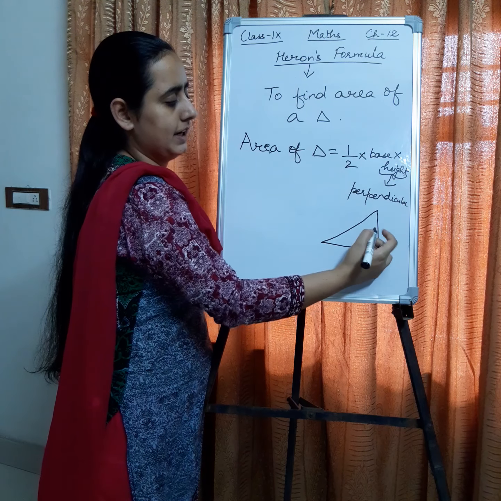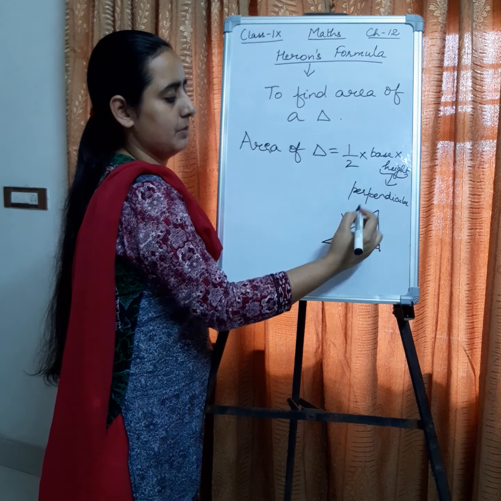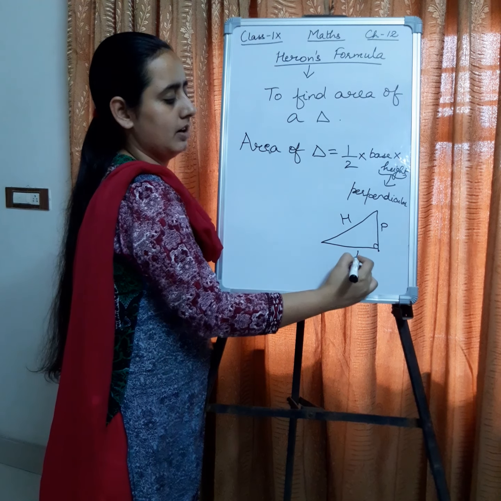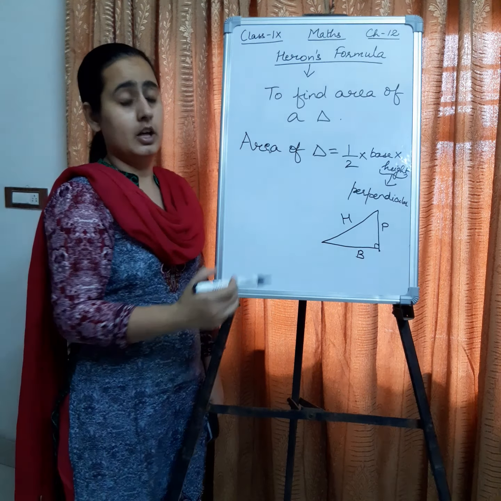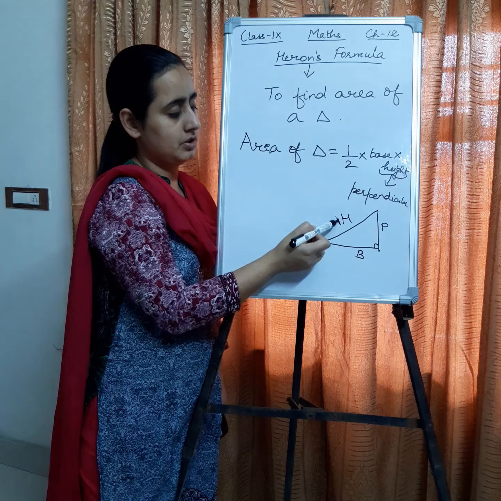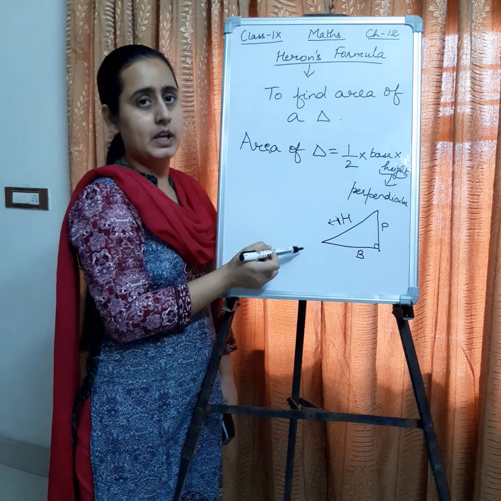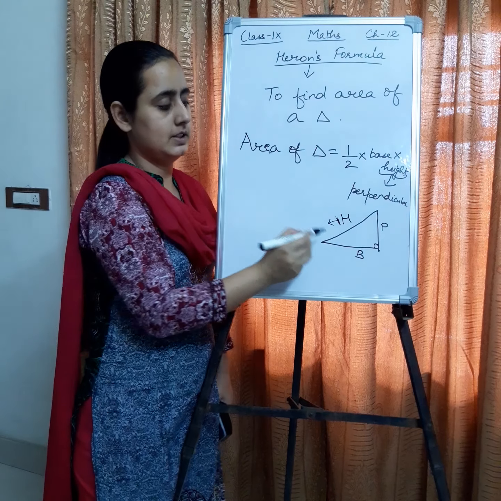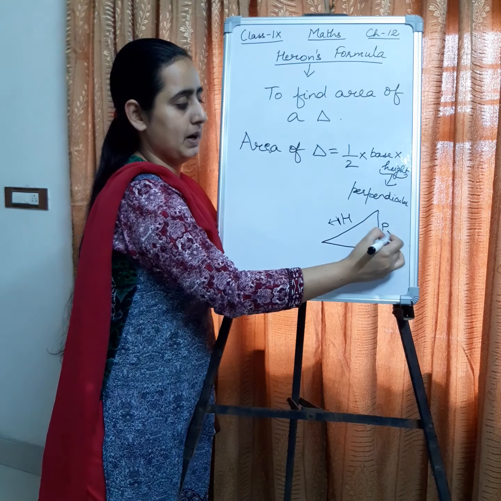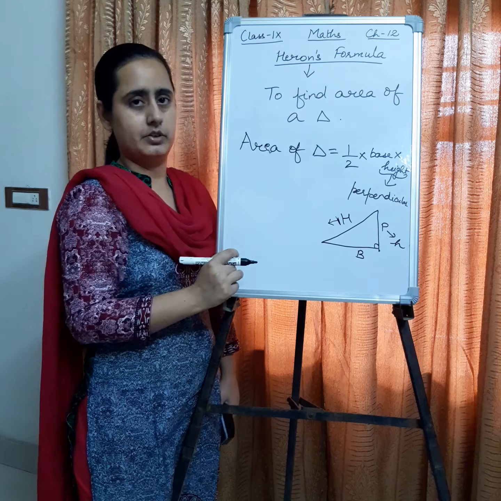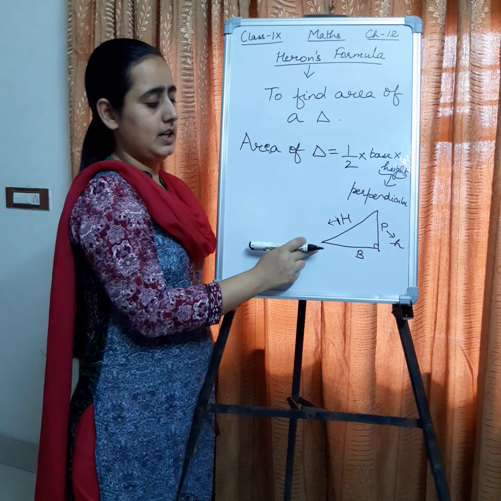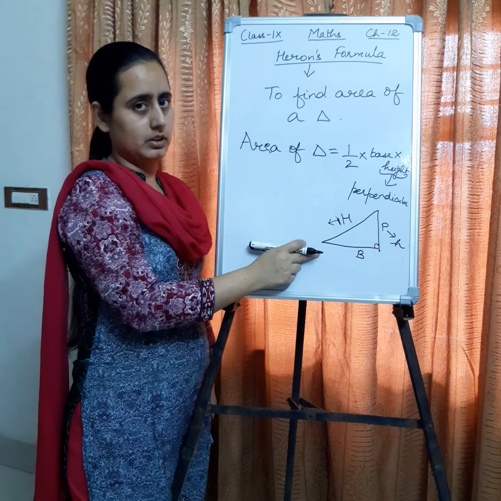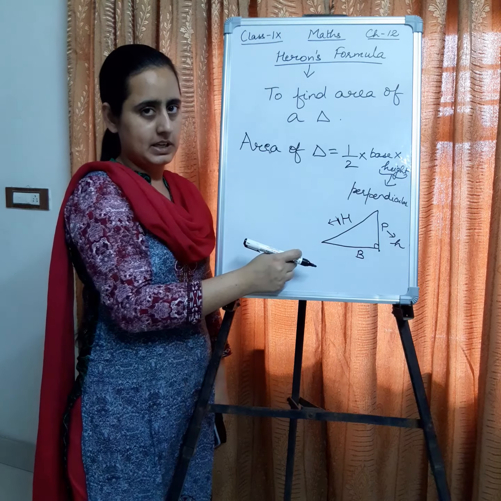Now in a right angle triangle, this is the hypotenuse, perpendicular and base. Remember, this h does not mean height. This is different. This perpendicular is called height. So in a right angle triangle, we have perpendicular and base both.